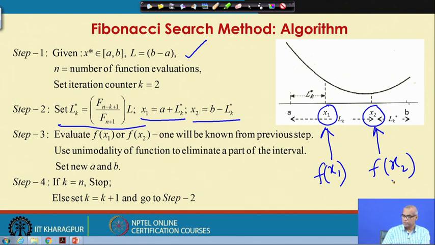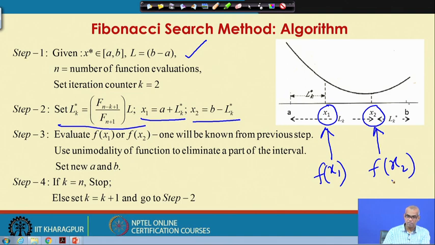So, in this case, as the diagram shows, the function value at x 1 is higher than the function value at x 2. So, the minimum definitely will not lie in the region a to x 1. So, we will set new a and b: a will be set as x 1 and b will be set as b.